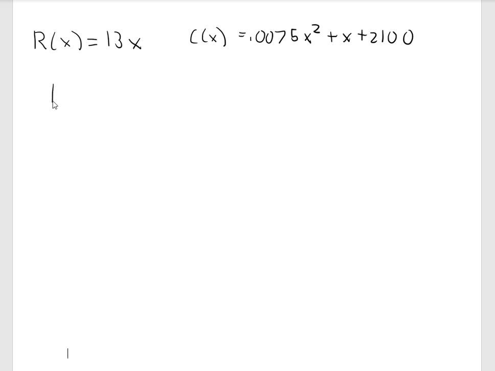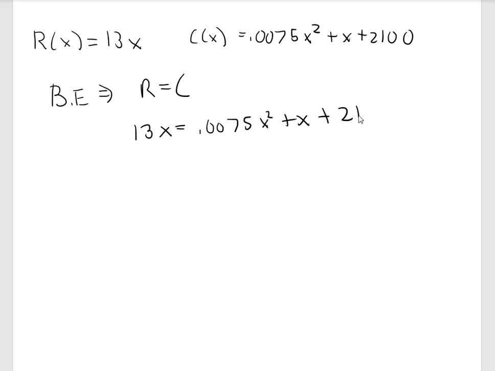So break-even means that R equals C. So 13x equals 0.0075 x squared plus x plus 2100. So now I have to solve this for x. So I'll move everything to one side. And now I have to use the quadratic rule here.